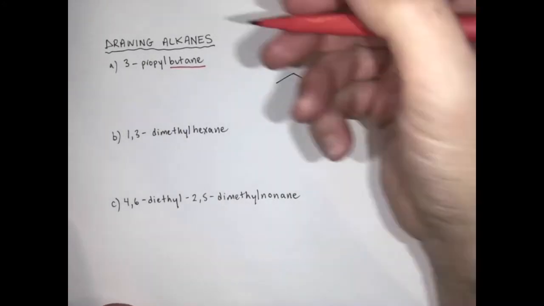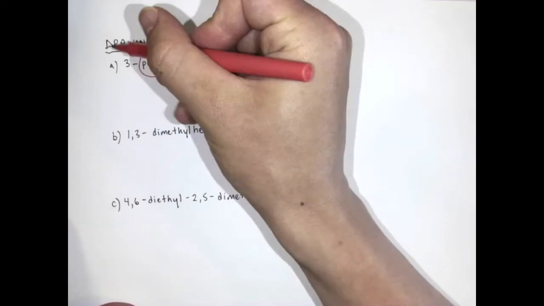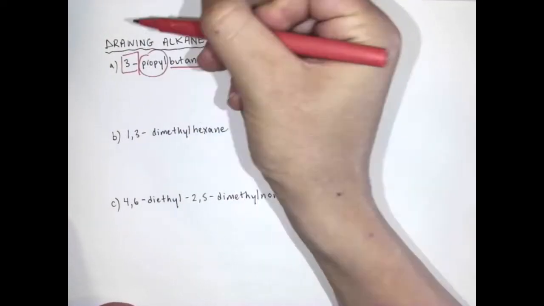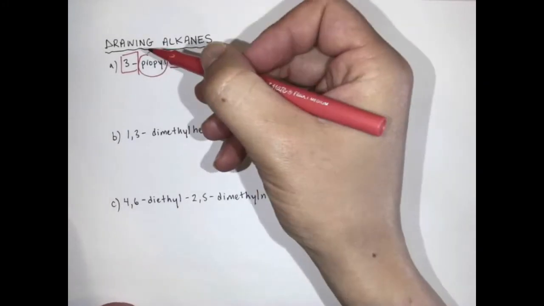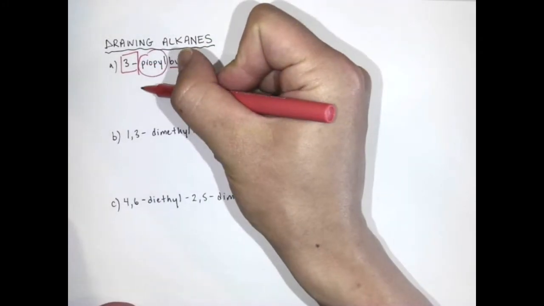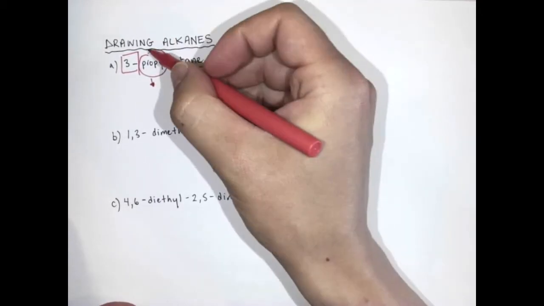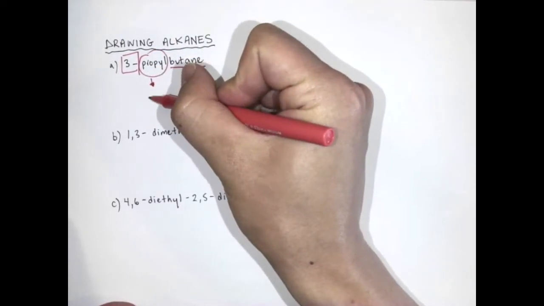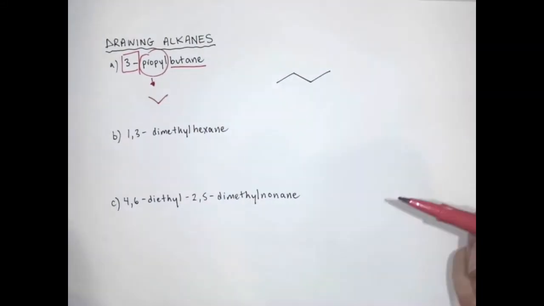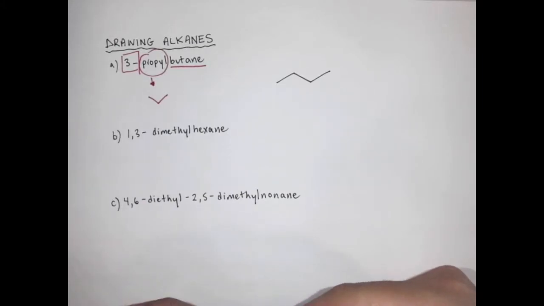And then it tells me that there's a propyl group at carbon 3 on the main chain. A propyl group is going to be, propyl is the root for a 3-carbon chain, and a propyl branch would be 1, 2, 3, 3 carbons coming off of the main branch.